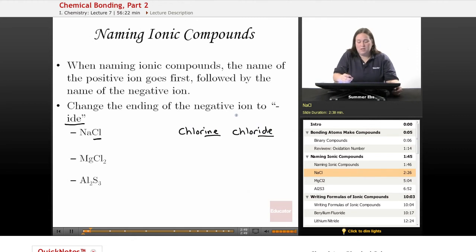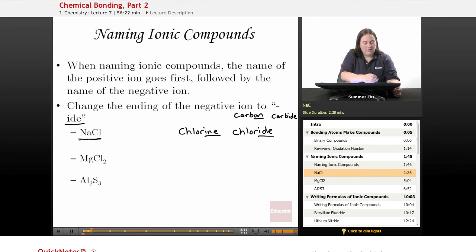If it was maybe carbon, you would take away that ending and add IDE, carbide. Okay, so anytime you see that IDE, you know that we're naming a compound. In this case, an ionic compound.